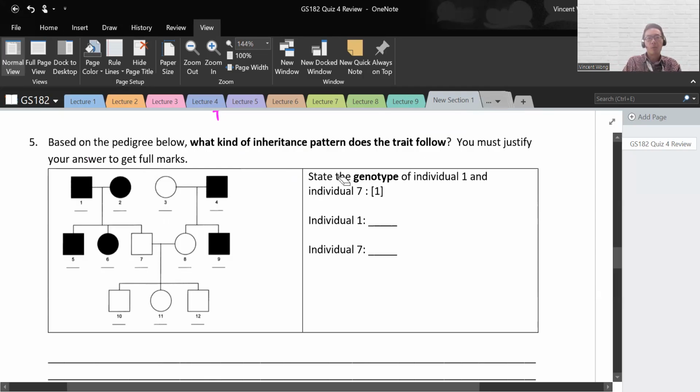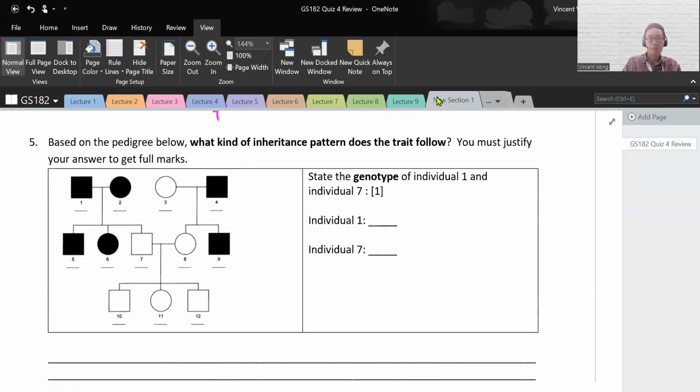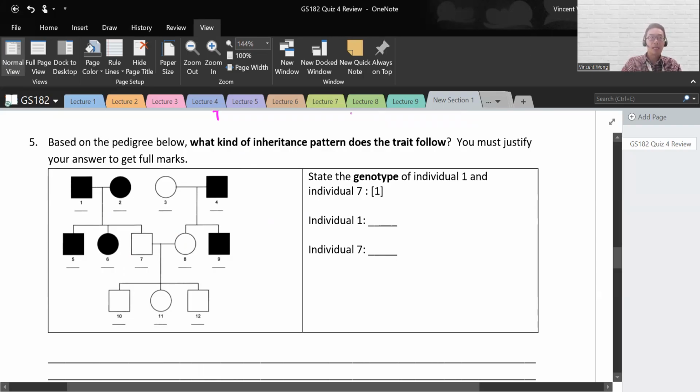And so here we want to state the genotype, the genetic makeup, of individual number 1, as well as individual number 7. So we must first determine what kind of inheritance pattern this trait follows. Is it a dominant trait or is it a recessive trait? Okay.